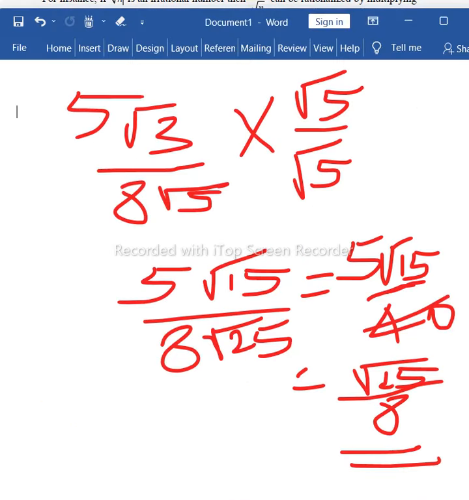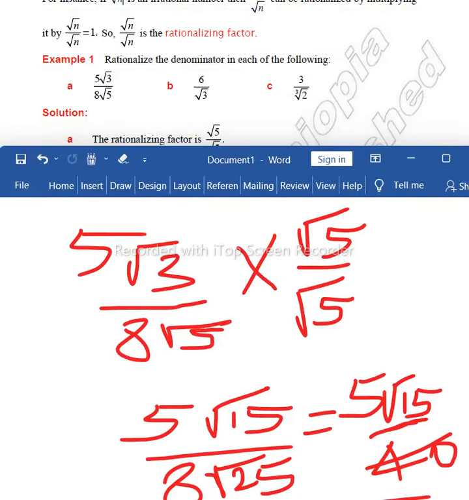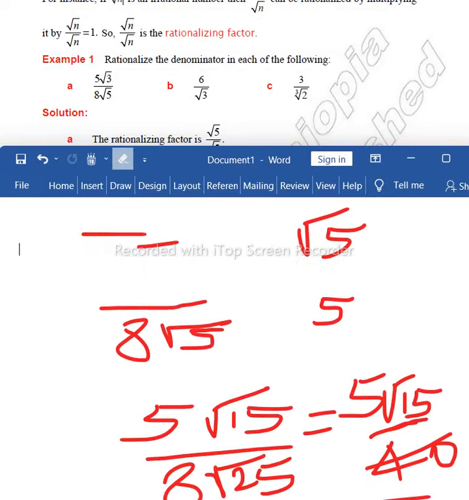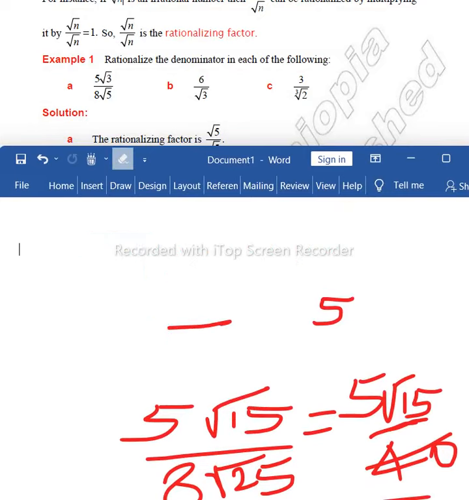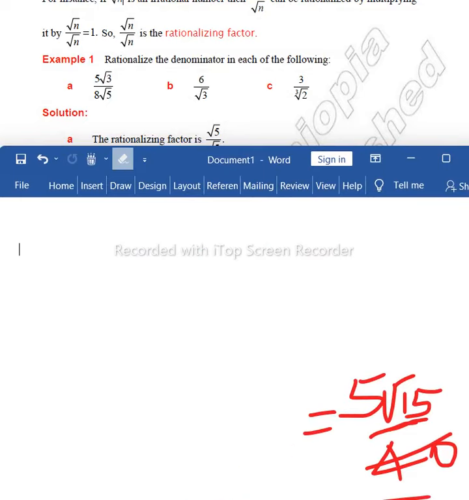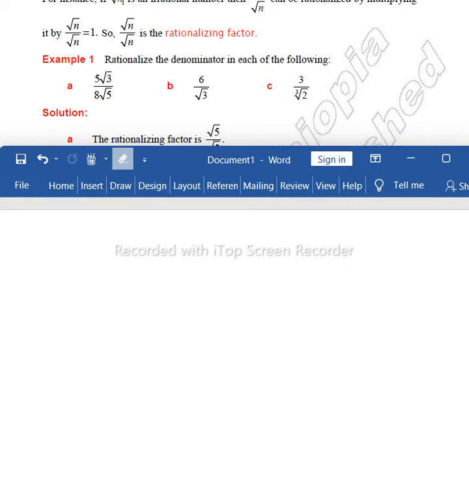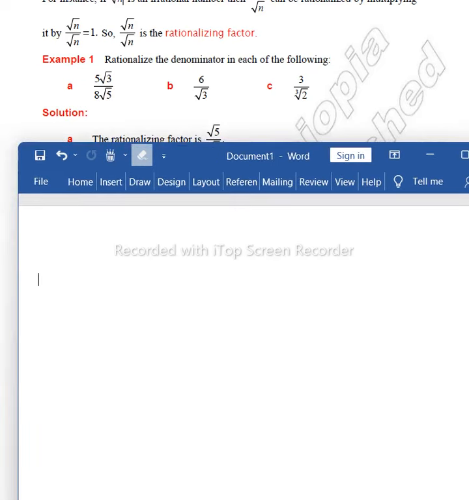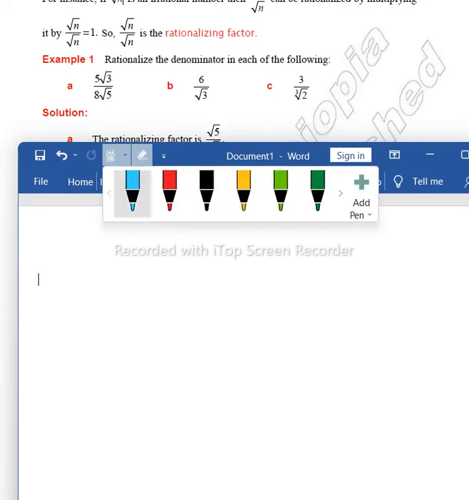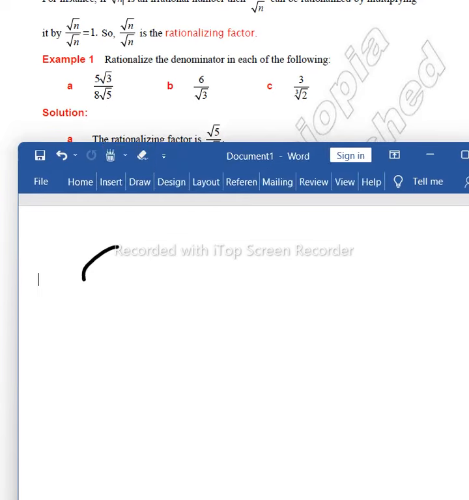The next question says 6 over square root of 3. We have to rationalize the denominator. The number below the fraction bar is called the denominator. So the question under B: let us write the question first, 6 over square root of 3.